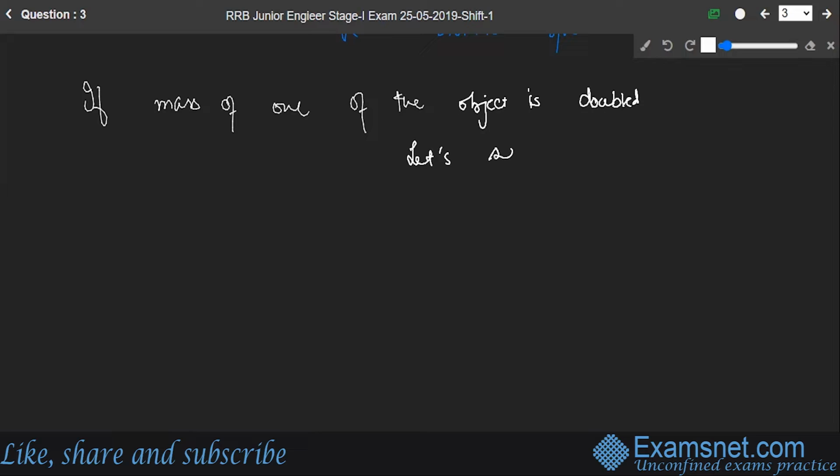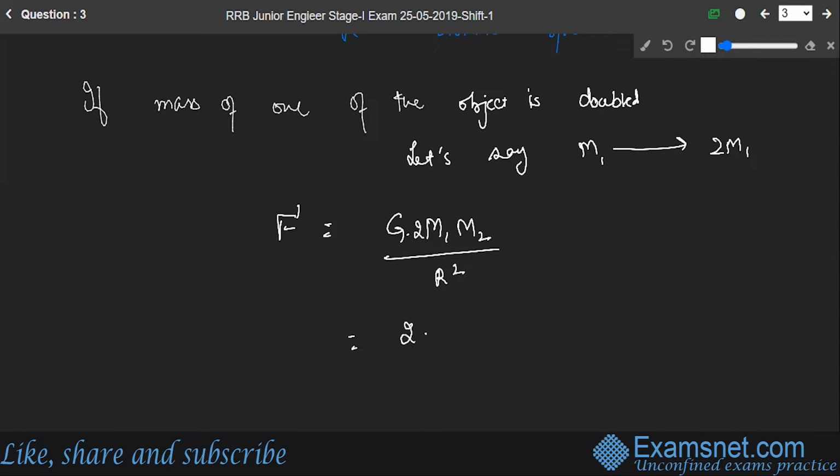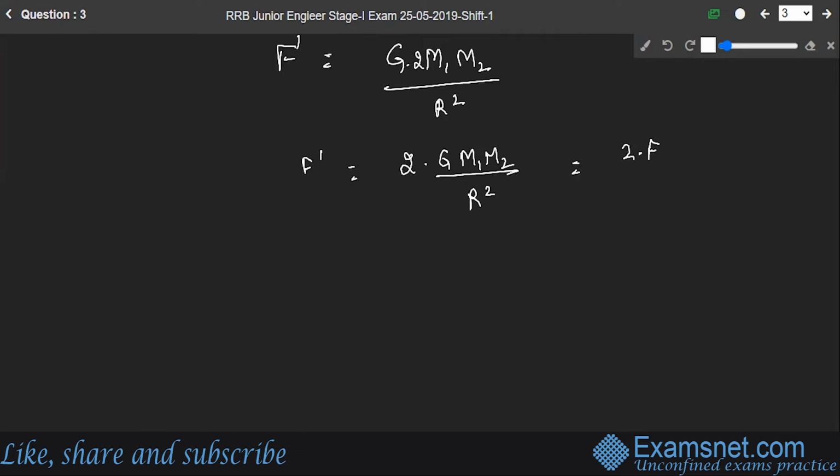Let's say M1 becomes twice of M1. So now what will be the new force? It will be G into twice of M1, let's say this is F dash, into M2 upon R square. Or this will be 2 into G M1 M2 upon R square, or this will be equal to 2 into F. So that means the new force between the two objects will be equal to twice of the original force, right? That means the force also will be doubled for sure.